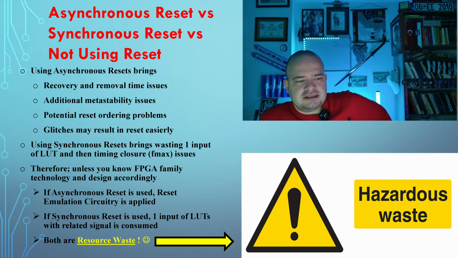You cannot use any signal, even if it is an asynchronous reset, before synchronizing it, because synchronous reset is also proper when reset assertion is asynchronous but reset deassertion is synchronous. So you need to use that reset circuitry. For the synchronous one, you need to use a double, triple, or quadruple flip-flop clock domain crossing solution. I think those are clear.